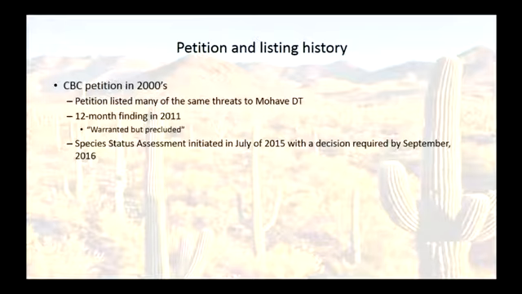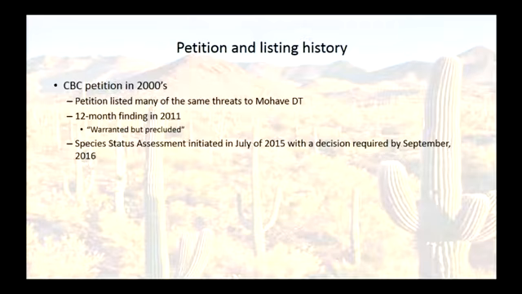Okay. So, I did mention this already, that the Center for Biodiversity Conservation petitioned the Fish and Wildlife Service to list the Sonoran desert tortoise as soon as it was recognized as an independent species from the Mojave tortoise. The Service did a 12-month finding back in 2011, which is kind of the old version of doing one of these species status assessments. They did a 5-factor analysis, which is really a process that just looks at all the things that could be going wrong for this species, and kind of checking boxes.